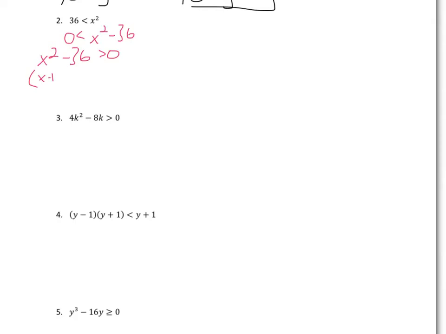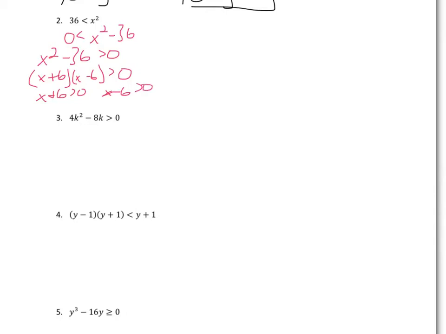So x plus 6, x minus 6 is greater than 0. Okay, because it's greater than 0, that means that either both have to be positive or both have to be negative. So we can set x plus 6 greater than 0, x minus 6 greater than 0.